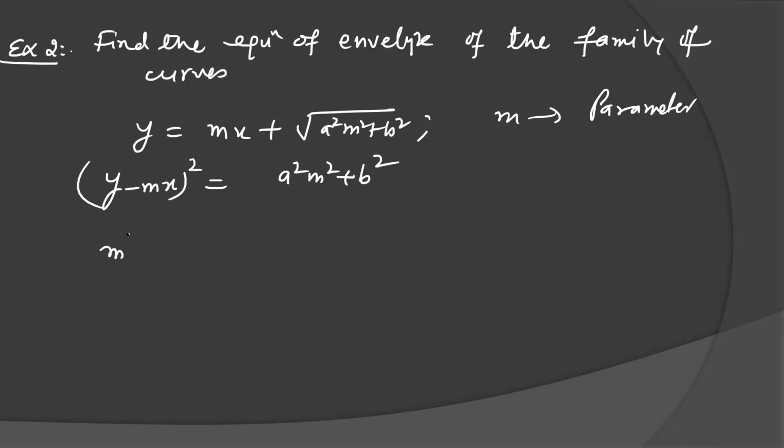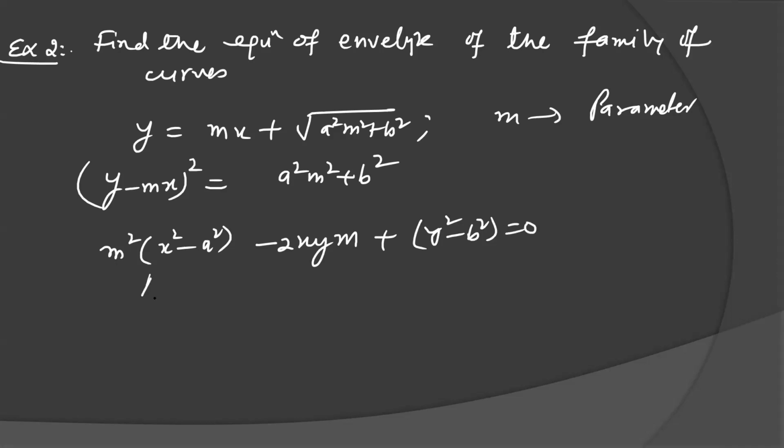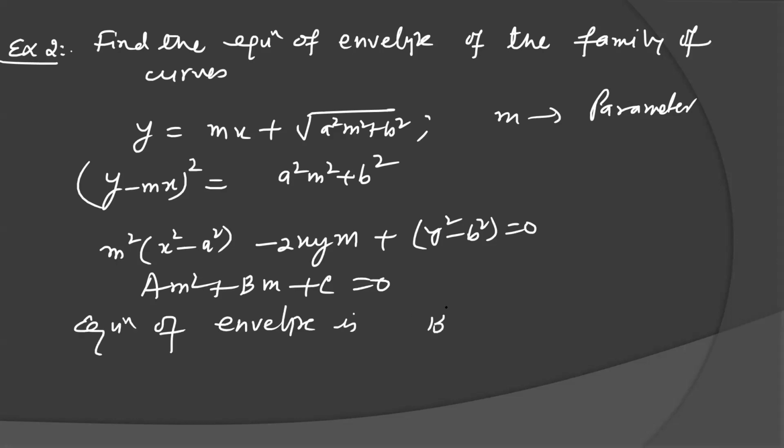We can write it as m square times (x square minus a square) minus 2xy m plus (y square minus b square) equal to 0. Compare with A m square plus B m plus C equal to 0. Then the equation of the envelope is B square minus 4AC equal to 0.